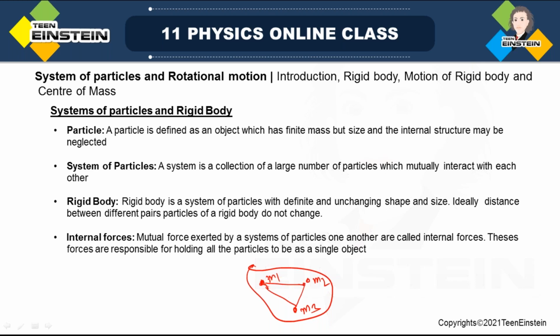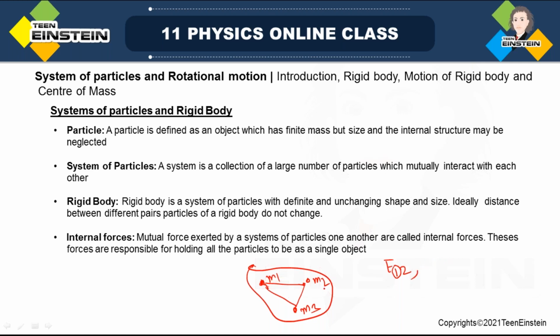See, maybe M1 is giving a force, attractive or repulsive, whatever. That depends on how it is. We are not going into that detail. Let us say the force which particle 1 is exerting on mass M2 is F12.